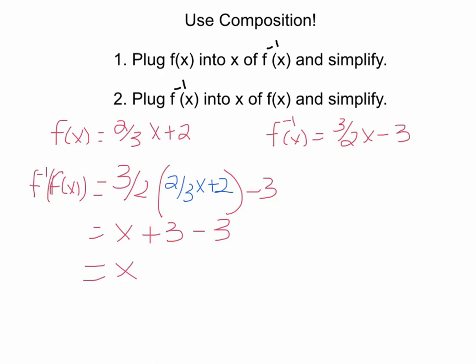Okay, so now we want to go the other way. That was the first step, now we want to do the second. Now we want to plug the inverse into the x here, so just using that composition again. So we're having f of negative 1x. Okay, and sometimes there'll be an f and a g or a g and an h, just saying they're inverses. But in this case, we're saying that this function already has an inverse, and we just want to prove it. Okay, so plug the inverse into the x here.